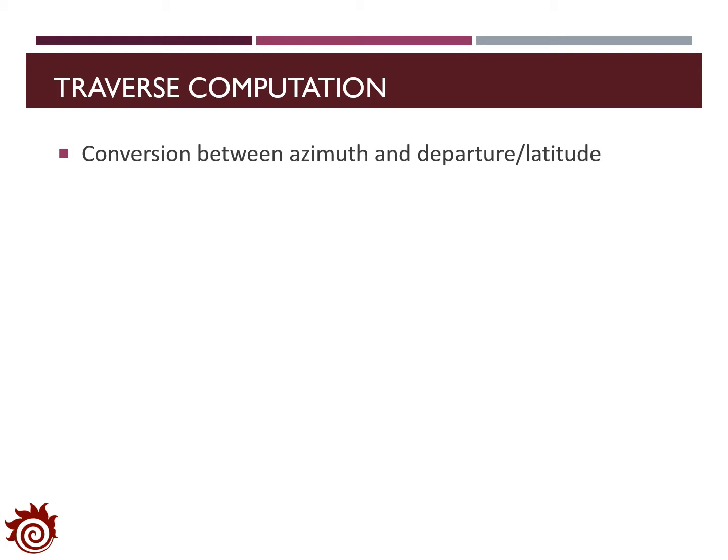Assuming that aij is the azimuth of the line ij, and the dij is the distance of the line ij, then we can find the departure as xij equal to dij times sine aij.